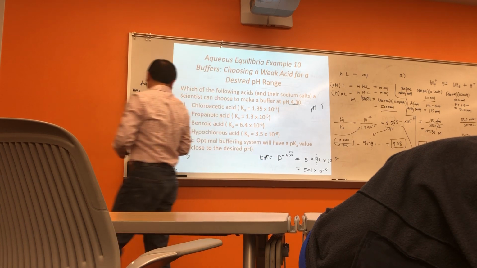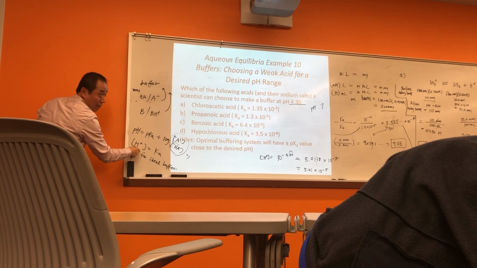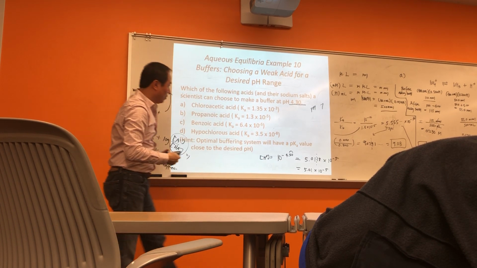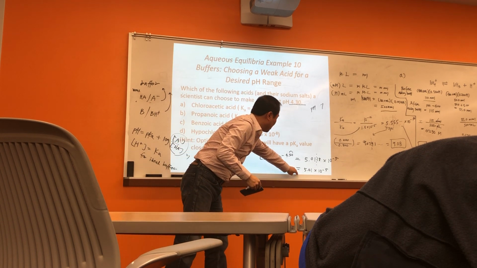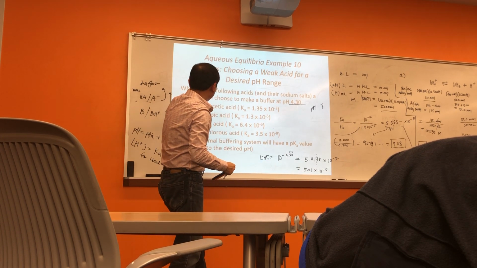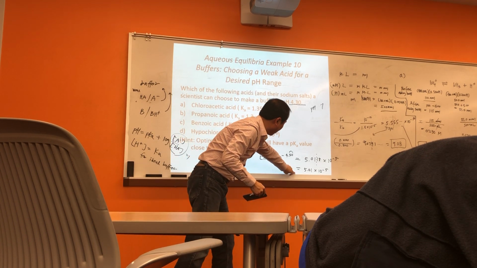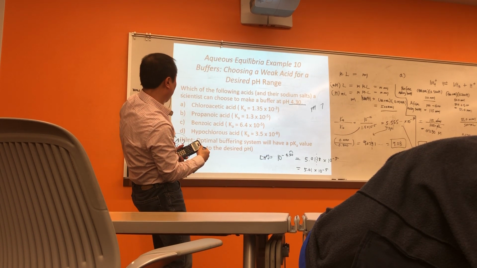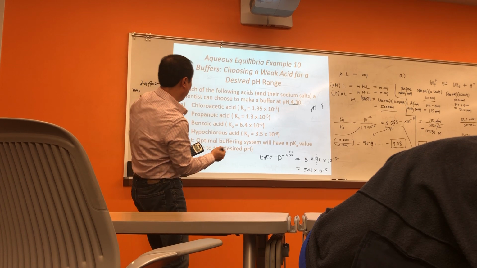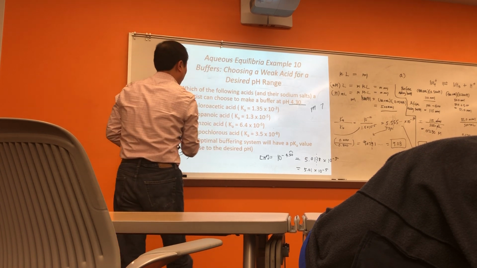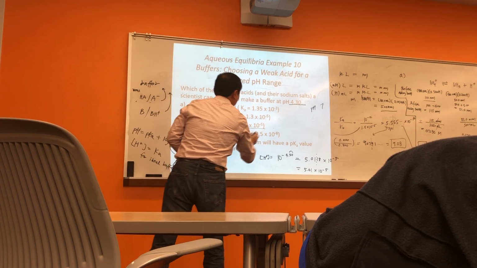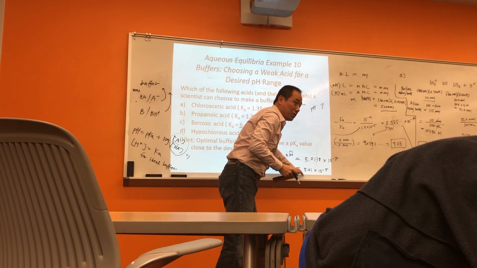And for an ideal buffer, the Ka value should be equal to that. So when you use a certain acid, that Ka value should be similar to that number. In this case, this one is closest.